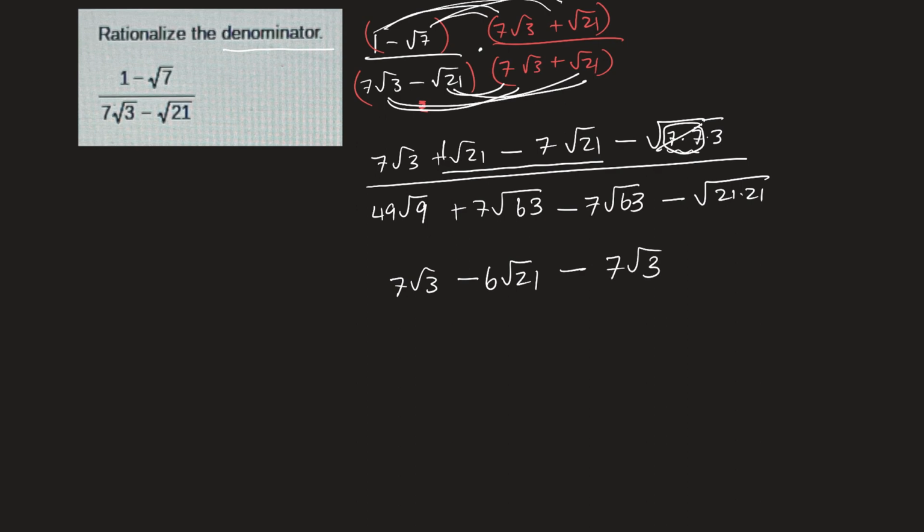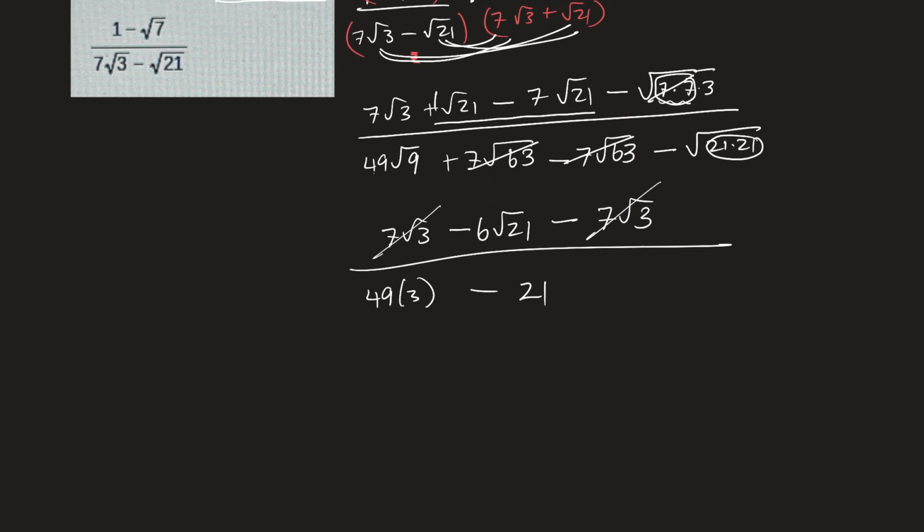So on the top there, I have a positive 7 root 3 and a negative 7 root 3, so they cancel. So on the top, all I'm left with is minus 6 root 21. On the bottom, these two will cancel. So I have 49 times root 9, and the square root of 9 is 3, minus root of 21 times 21. There's 2 inside, I can bring 1 out, and there'd be nothing left inside, so there'd just be a 21 there.